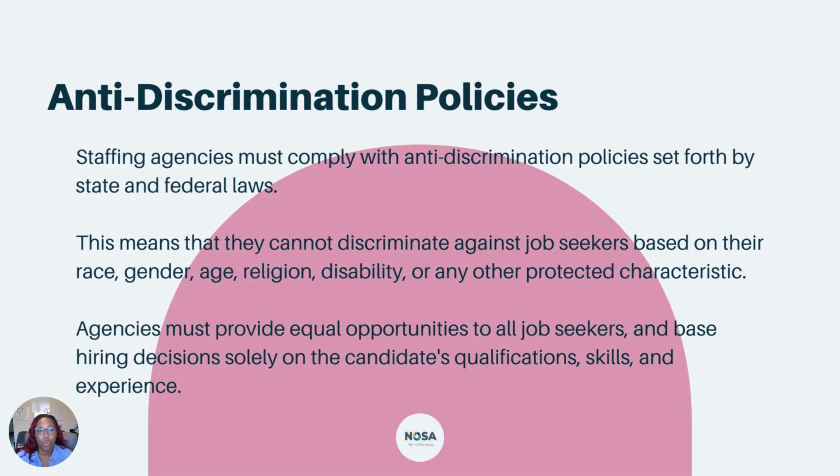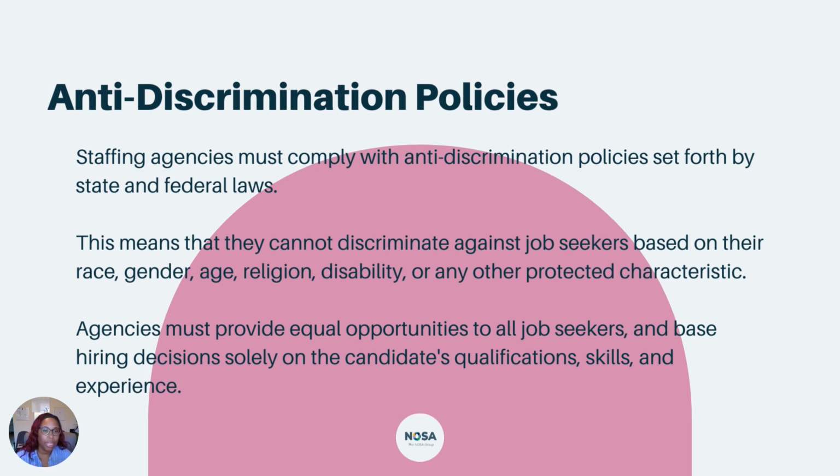Some things that you want to include in your policies and procedures, and some of this is at the state or federal level, depending on how big your organization is, but you always want to have anti-discrimination policies set forth. Staffing agencies must comply, just like any other business, with anti-discrimination policies set forth by your specific state and federal laws.